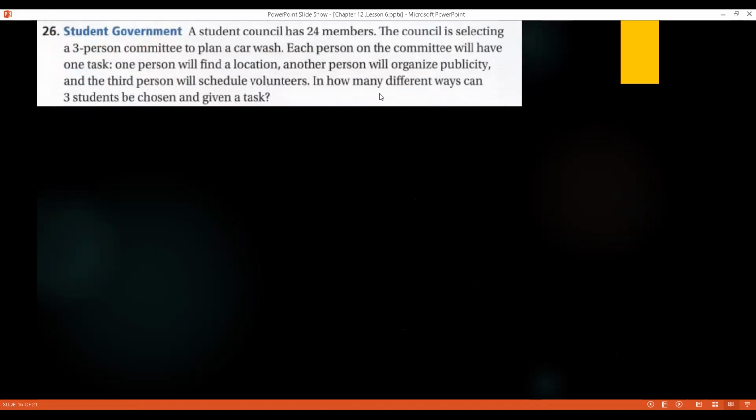Let's see another example. This is number 26. A student council has 24 members. The council is selecting a 3-person committee to plan a car wash. So here we have a student council with 24 members. How many students do we have now? 24 students, exactly.